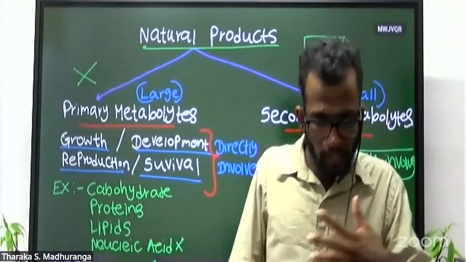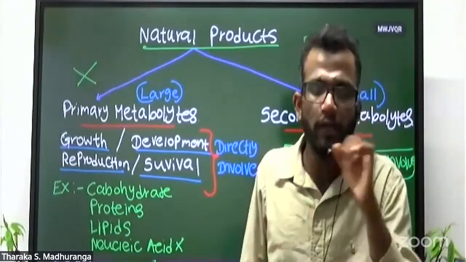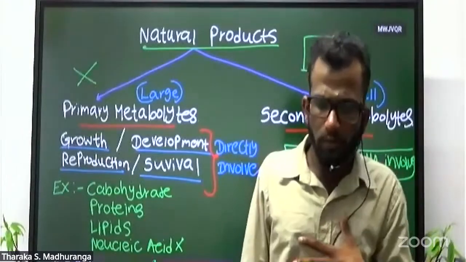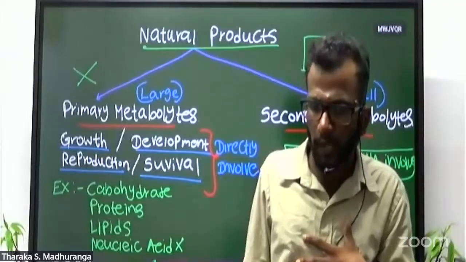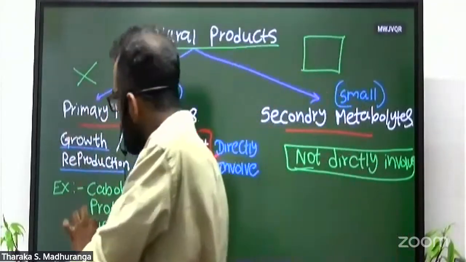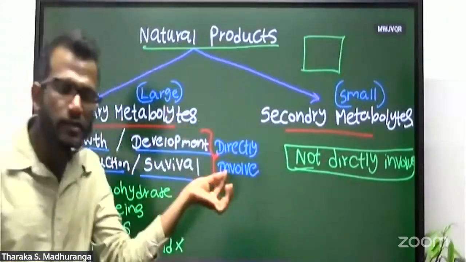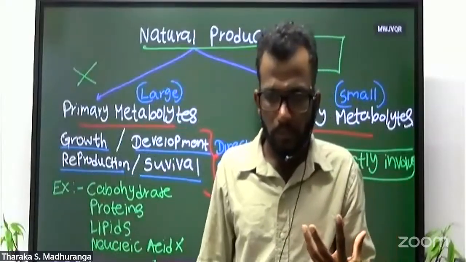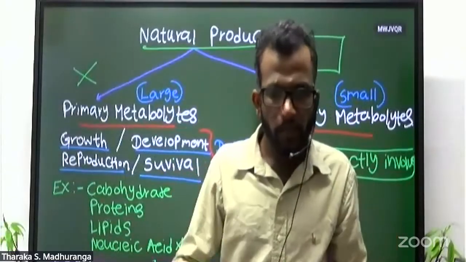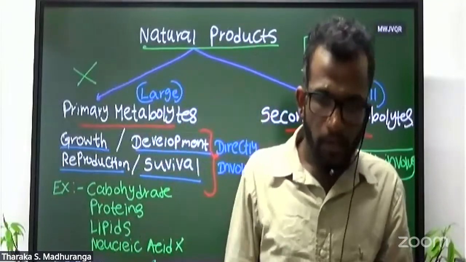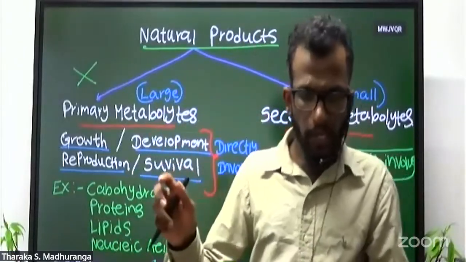Even in us, the primary metabolites are there, but we don't have secondary metabolites. Primary metabolites are in all organisms, secondary metabolites only in special types of organisms.